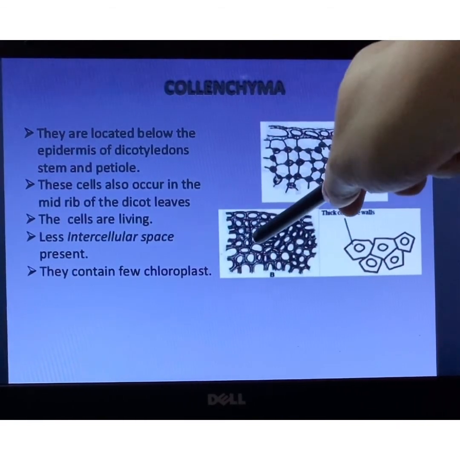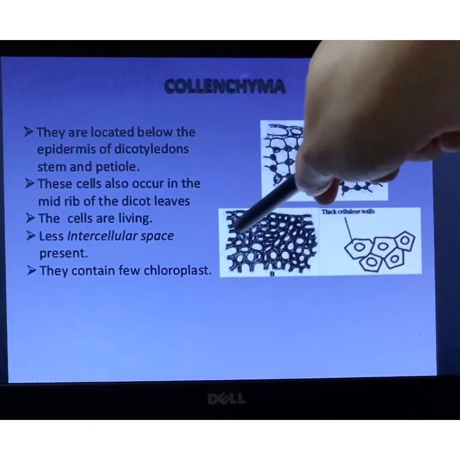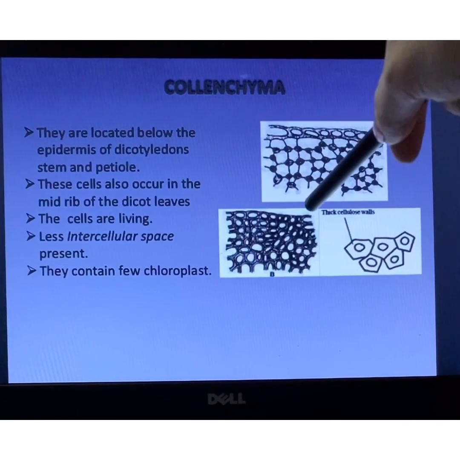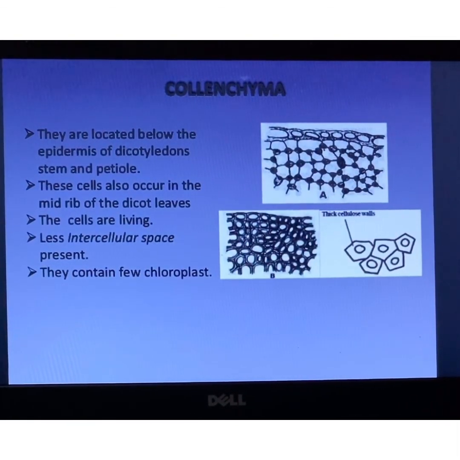The cells are thickened, they have a thickened cell wall. It is all because of the extra deposition of cellulose. Cellulose is a very complex substance. It is in fact a complex carbohydrate which provides extreme strength to the plant cell, and animal cells do not have that complex extra support.